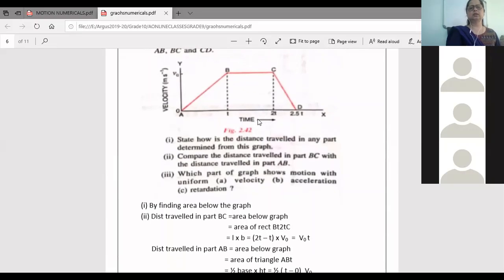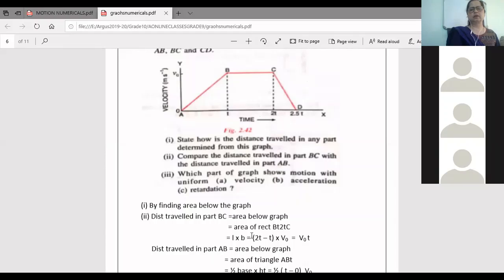Now the second question, BC and AB. Compare the distance traveled in the part BC and AB. If you look at the part BC, this is a rectangle, so you have to find the area of this rectangle. Length into breadth. The length is V0, and the breadth is 2t minus t.